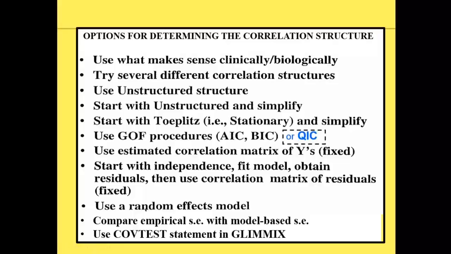There's another reason, if it's longitudinal: what frequently happens, particularly with unbalanced data, is that when you try to run an unstructured correlation, it doesn't run. You get non-convergence, or an error message saying you can't get an inverse of a matrix or something like that, and the unstructured doesn't work. So an alternative to unstructured is Toeplitz or stationary.